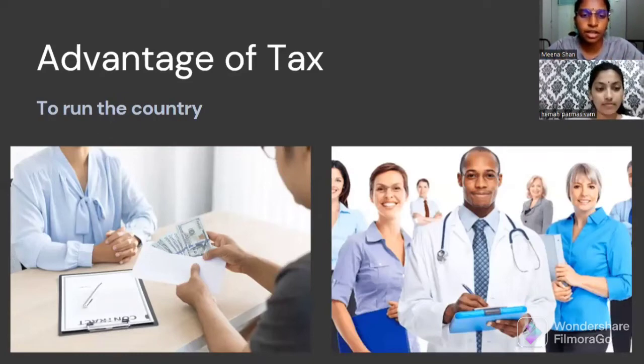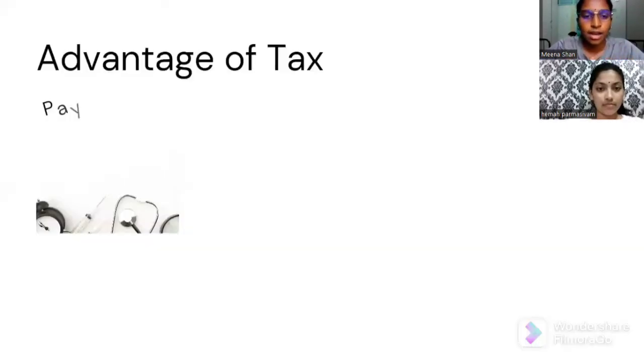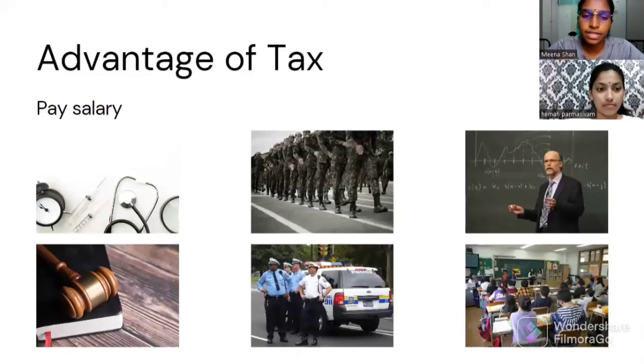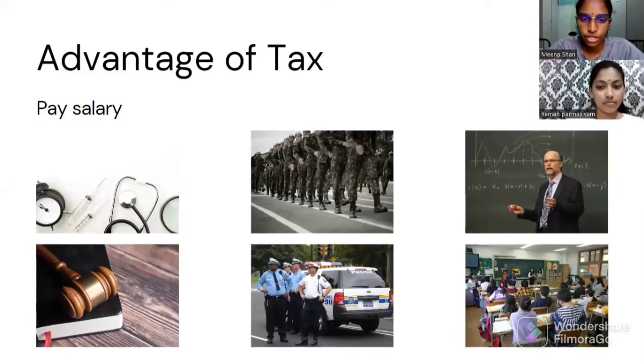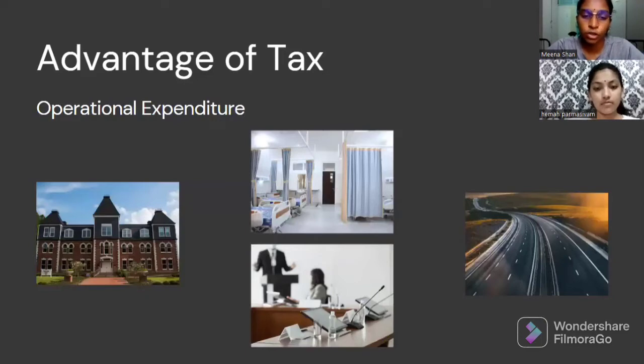In other words, it is also used to pay government staff, like medical services, army, police, firemen, judges, as well as educators, teachers and administration, to provide them salary from the money that we are giving the government. On top of salary, the tax also pays for the operational expenditure of running hospitals, schools, federal roads, government offices, and etc., including paying for the country's monarchy and politicians to run the federal government.